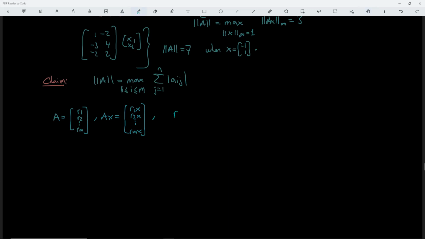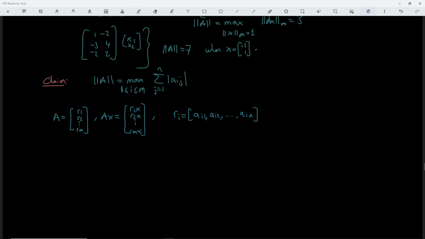And any ith row of the A matrix can be written as the vector a_i1, a_i2, up to a_in.